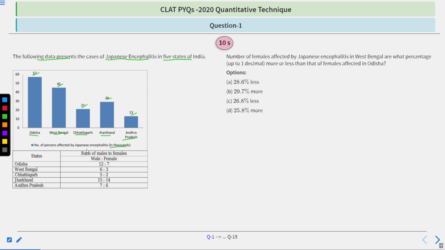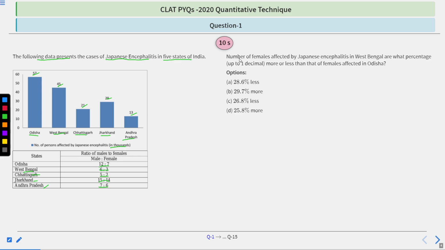The ratio of male to female among those infected is already given. In Odisha, the ratio of male to female is 12:7. In Bengal, 6:3. In Chhattisgarh, 5:2. In Jharkhand, 15:14. And in Andhra Pradesh, 7:6. I hope this information is clear to you.